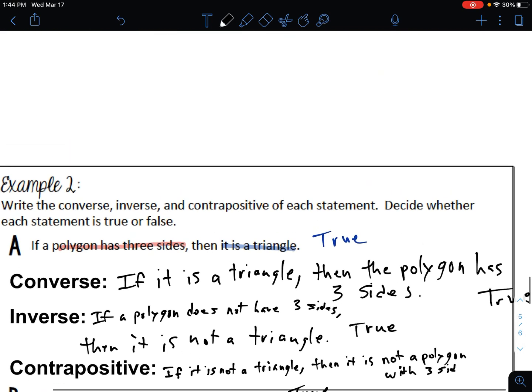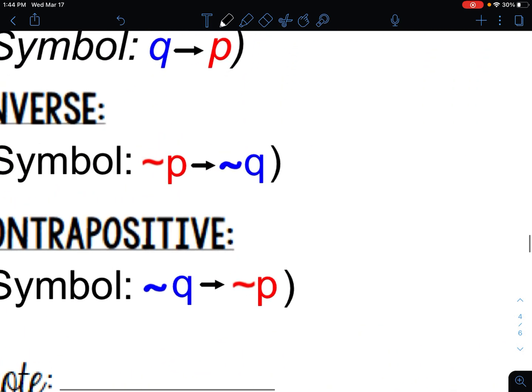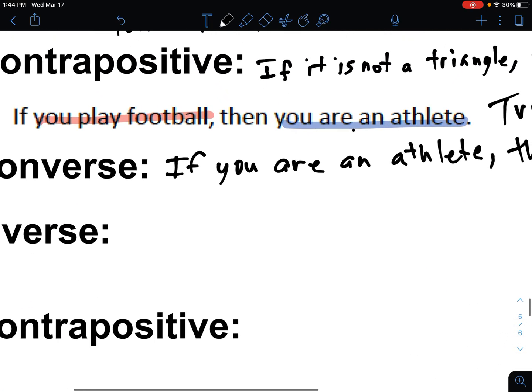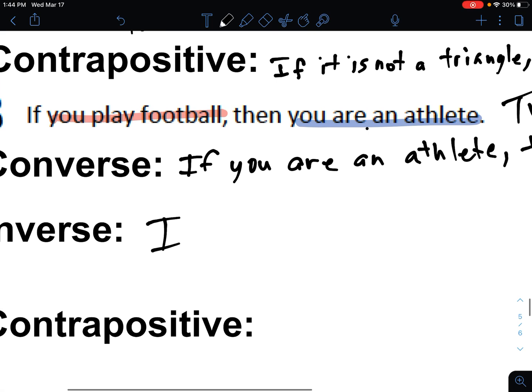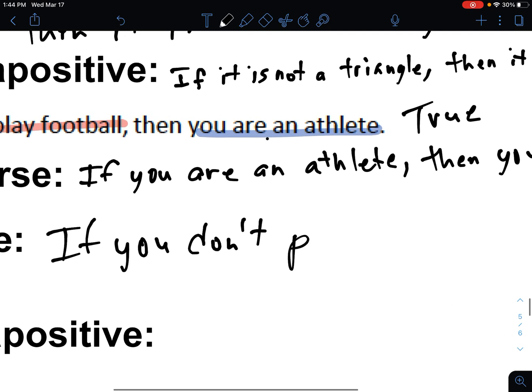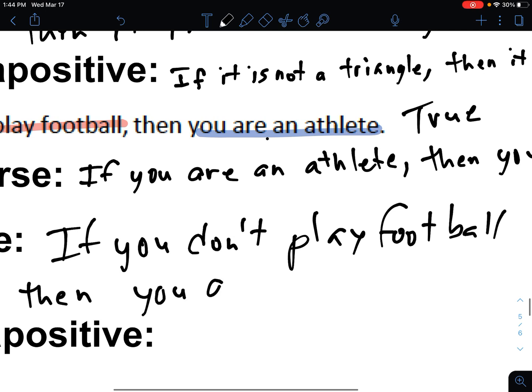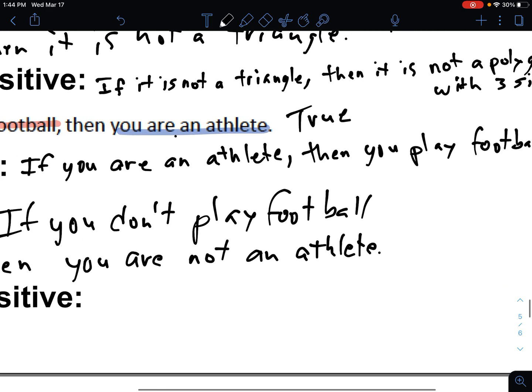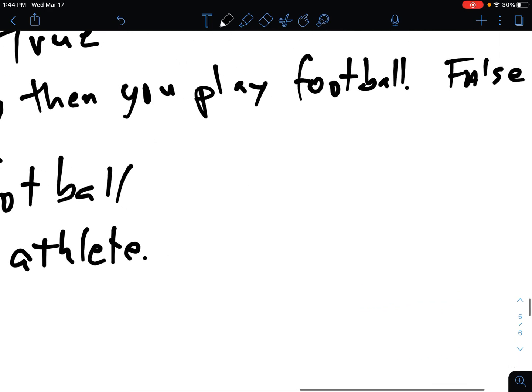Now the inverse is saying negate P, negate Q. So if you don't play football, then you are not an athlete. That's a false statement too. If you don't play football, then you're not an athlete. Well, I could be an athlete and not play football, right?